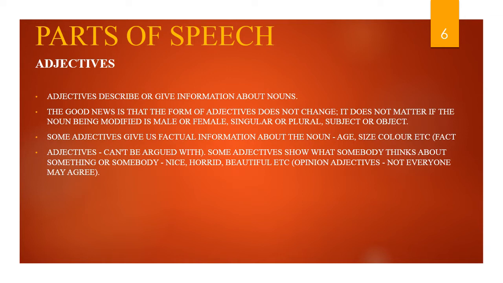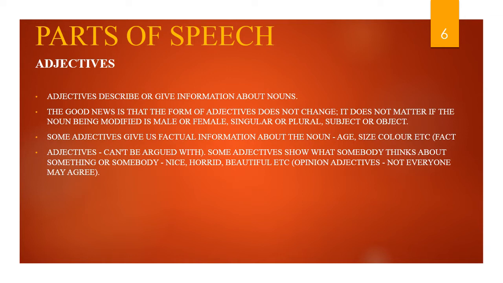Some adjectives give us factual information about the noun, about the age, size, color, etc. Fact adjectives cannot be argued with. Some adjectives show that somebody thinks something about something or somebody: nice, horrid, beautiful, honest. This is an opinion adjective. Not everyone may agree.